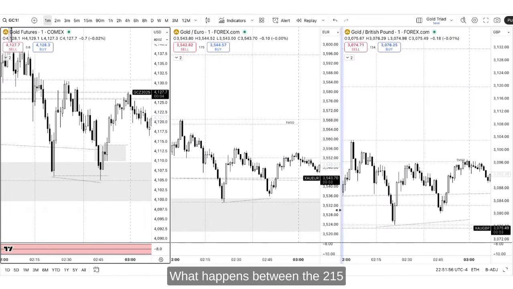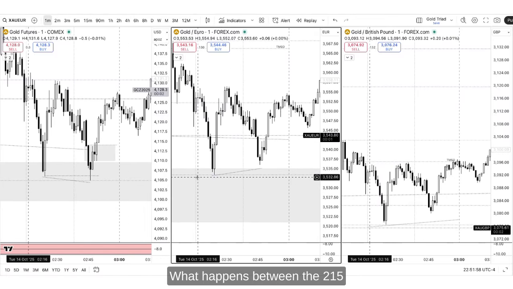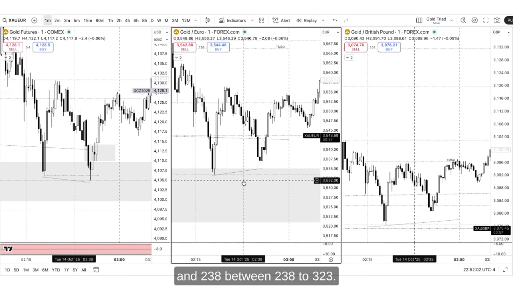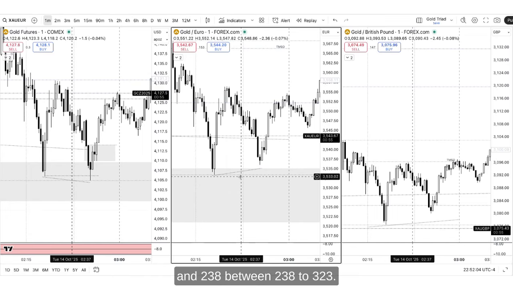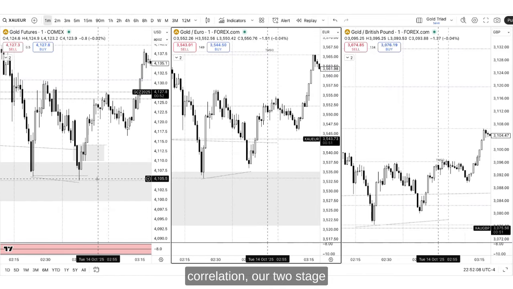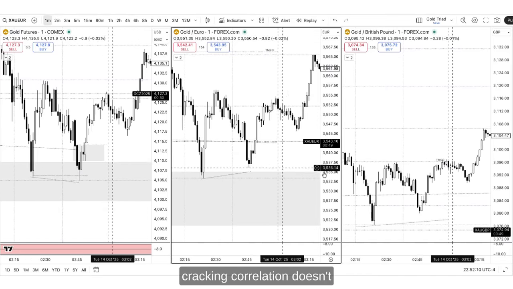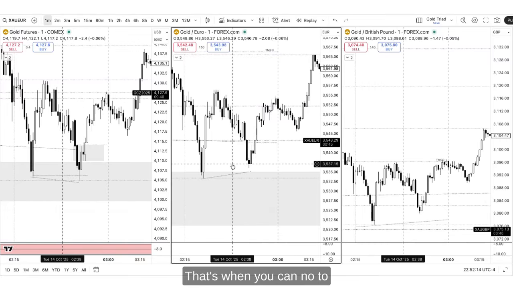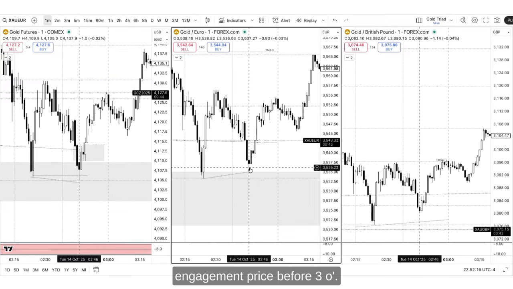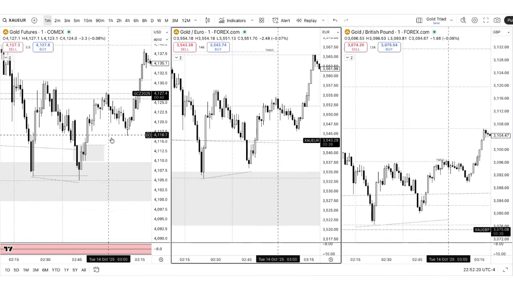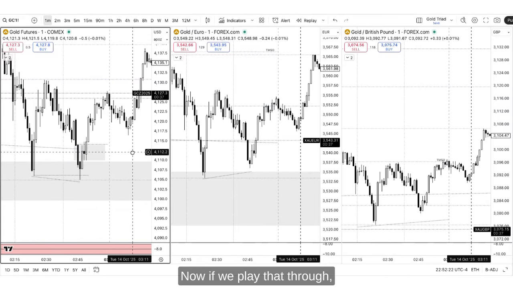What happens between the 2:15 and 2:38? Between 2:38 to 3:23. Okay, so our 2-stage cracking correlation doesn't happen until the 2:38 sign. That's when you can know to engage in price before 3 o'clock. Okay, especially in gold.